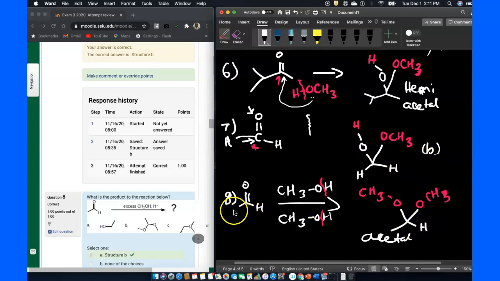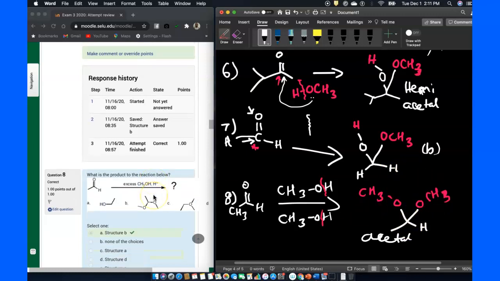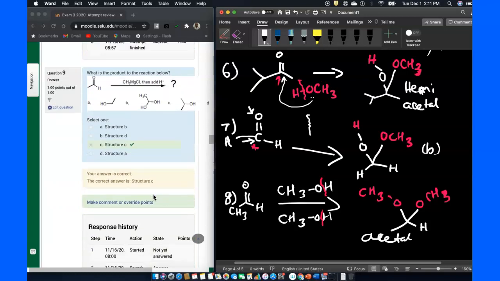So going with this structure, you see here we have CH3. The difference between this structure and that, here you have H, here you have CH3, but it's just one more step replacing the OH in this problem to give you acetal.